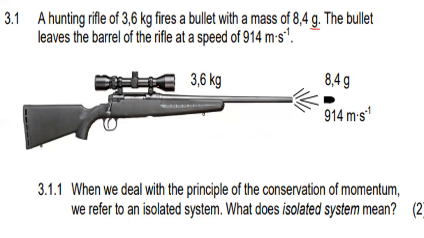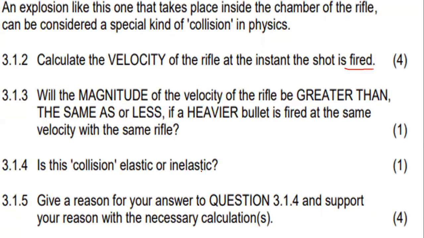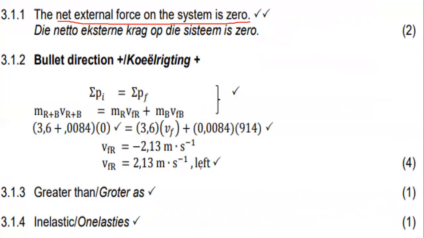But after the firing, the bullet will be moving at 914 meters per second, which makes sense because we are dealing with a bullet, and it moves very fast. But the rifle is definitely going to recoil and move to the left.